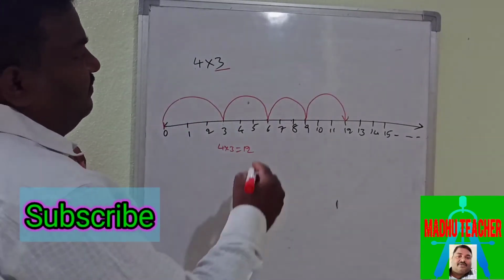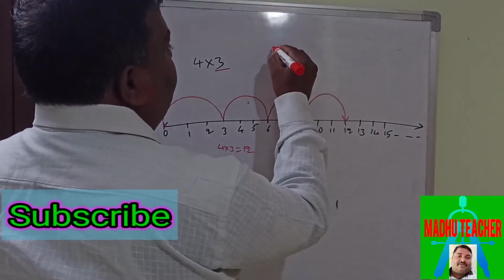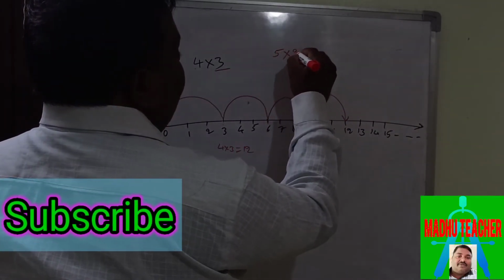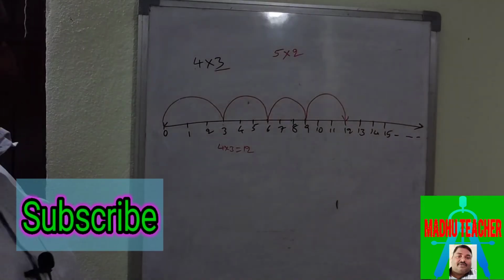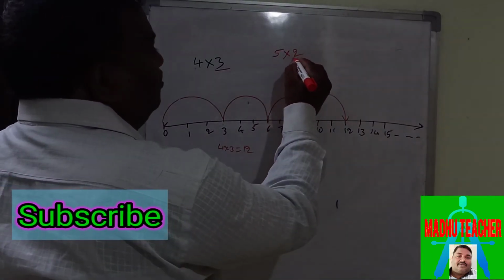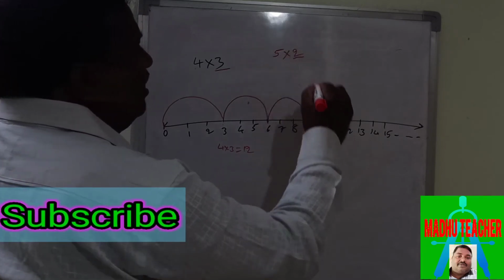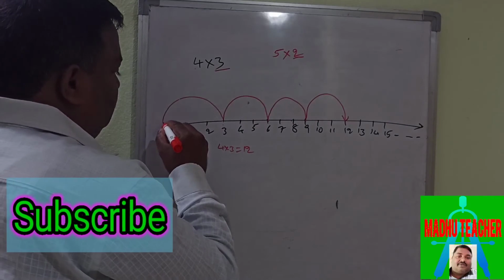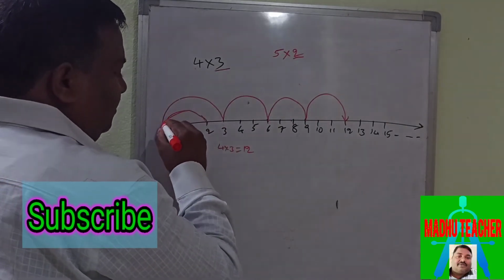Let us see another one. 5 into 2. Move 2 units right side each time.